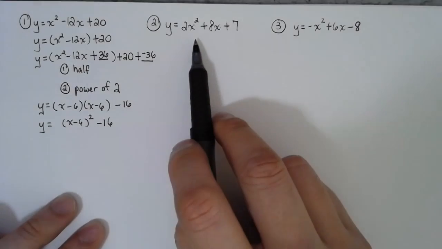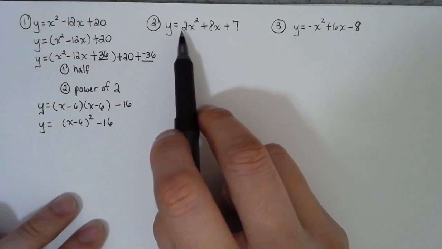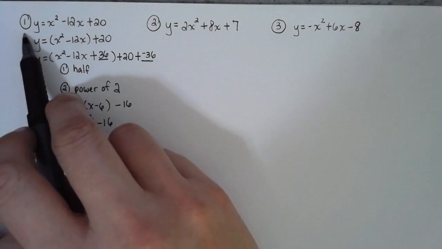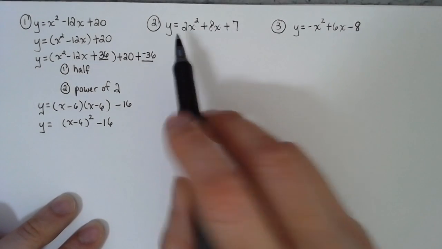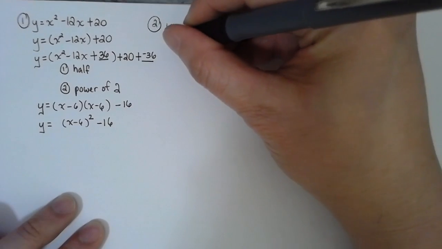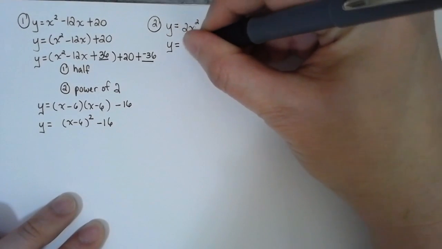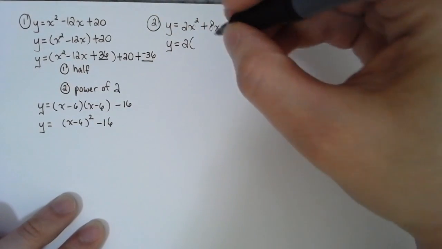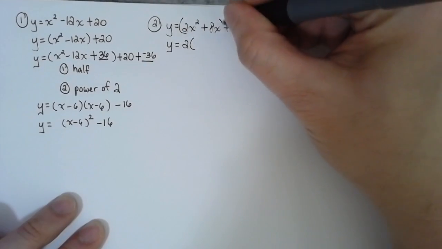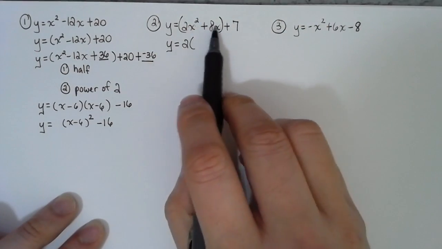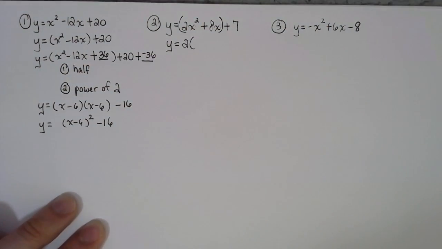We are going to repeat the process for this one. As you can see, the difference from example 1 and example 2 is that there is something in front of x squared. So our goal right now is to factor the 2 that is in this first two terms.